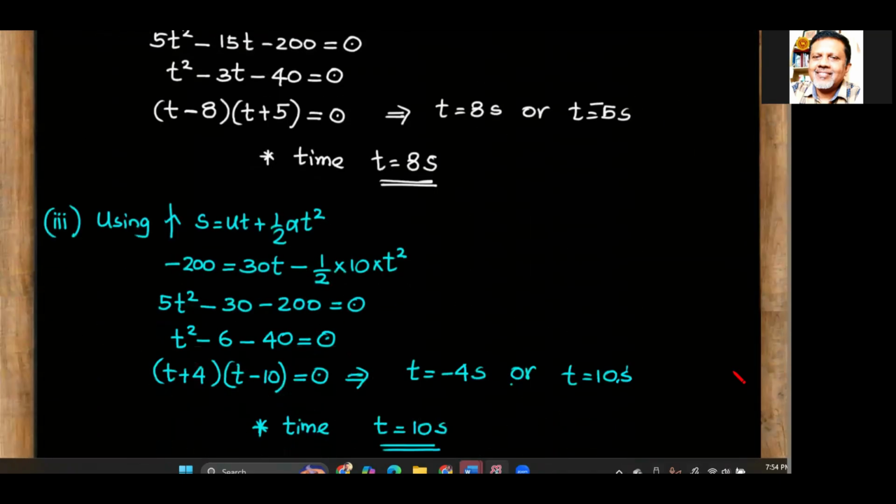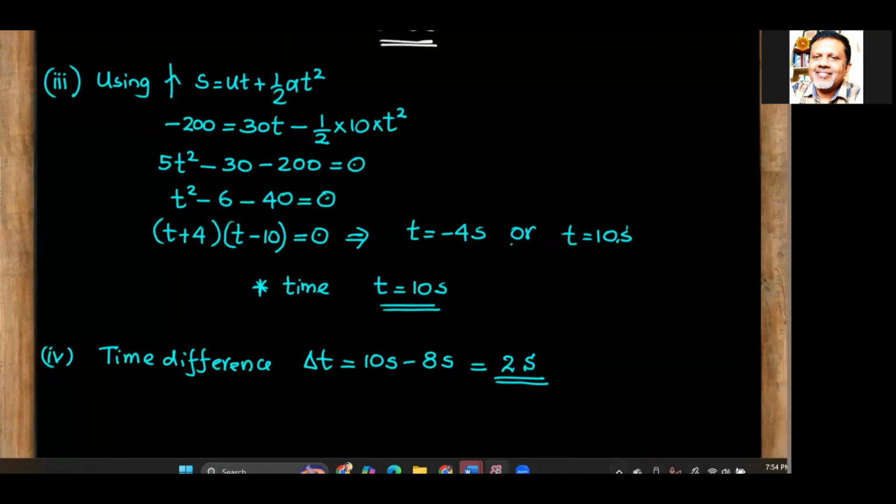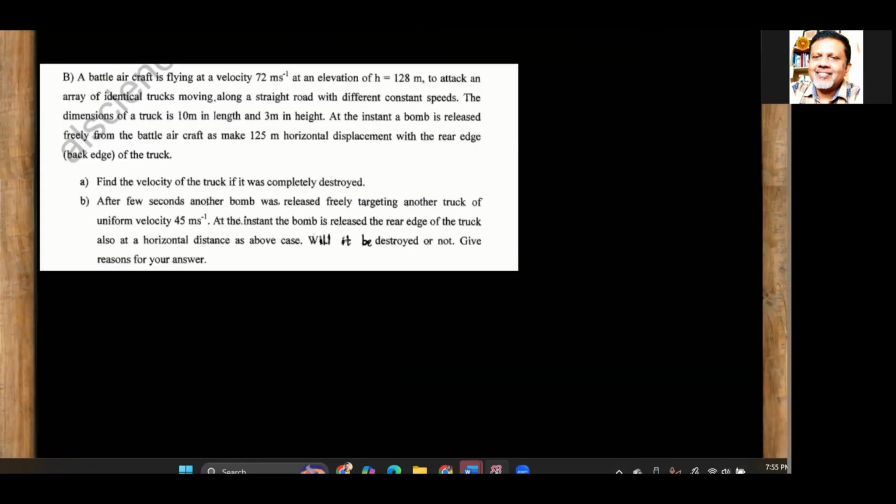Okay, and see what is the second part. So we have another question, part B. A battle aircraft is flying at a velocity 72 meters per second at an elevation of 128 meters to attack an array of identical trucks moving along a straight road with different constant speeds.